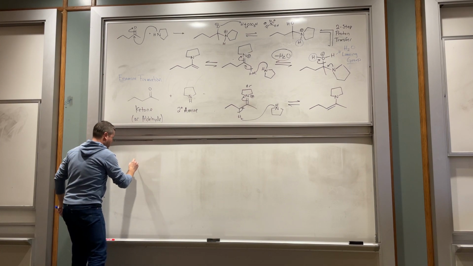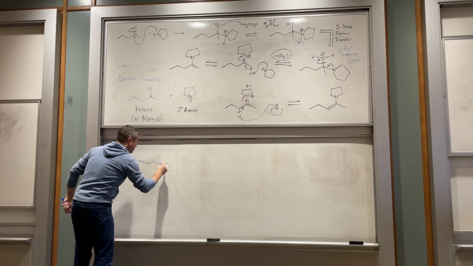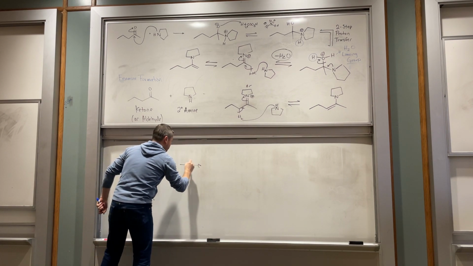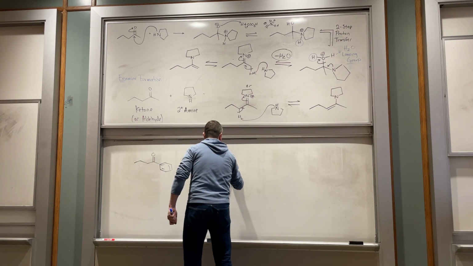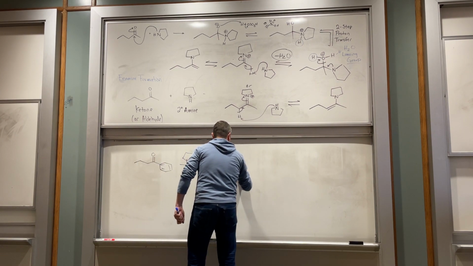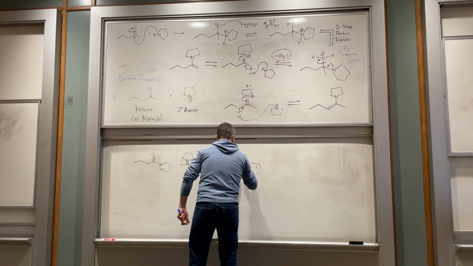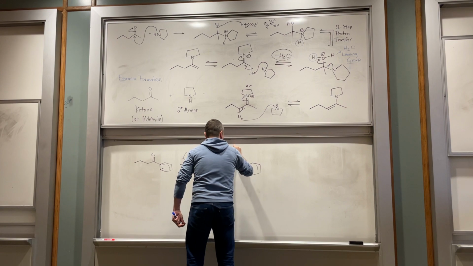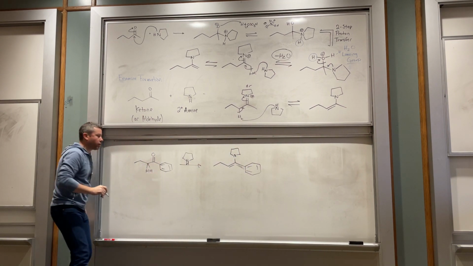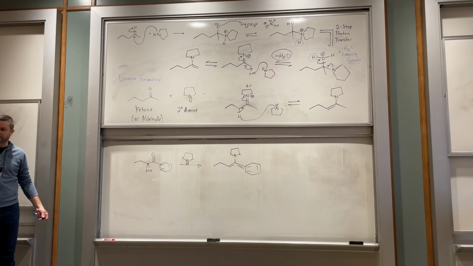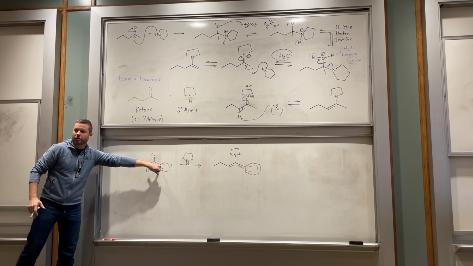If we started with something like this, then we could only form one product, because there's only one carbon of that ketone that has protons that we can pull off. Here there aren't any protons on that alpha carbon.